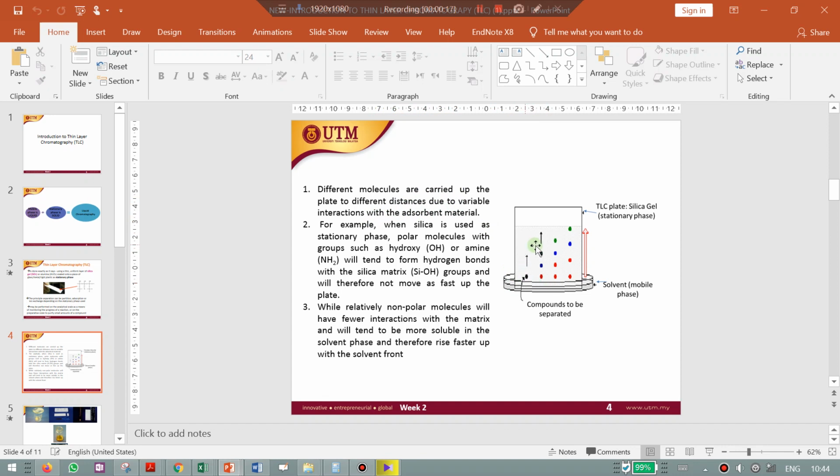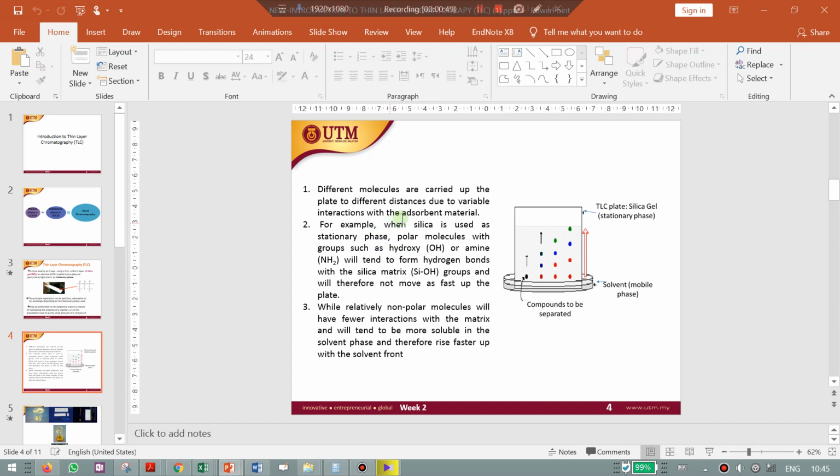So they will interact differently with your stationary phase, your TLC plate, and also your solvent, your mobile phase. Different compounds will have different interactions. But it's not impossible to have a similar interaction. That's why we say that TLC is for screening purposes. We cannot totally confirm. We need to confirm using a modern chromatography technique.